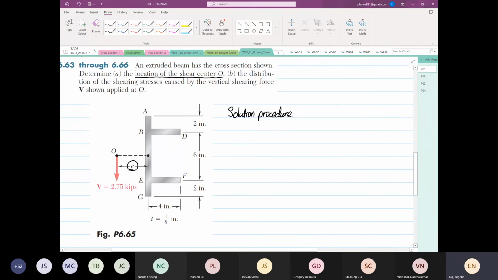First, as usual, we have to find the first moment of area, which is Q equals A y bar, about each section. So this is what we're going to do first.